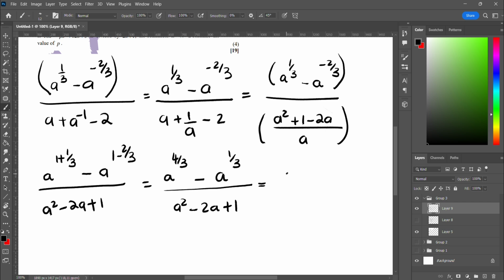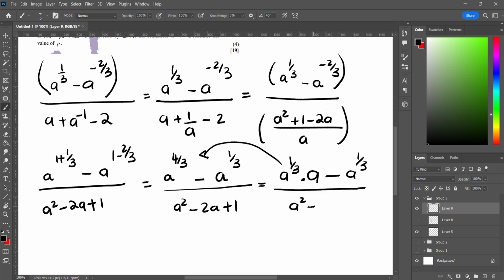I know that a 1 over 3 multiplied by a will give me that and that, so minus a 1 over 3, because I had it here, all over a squared minus 2a plus 1.